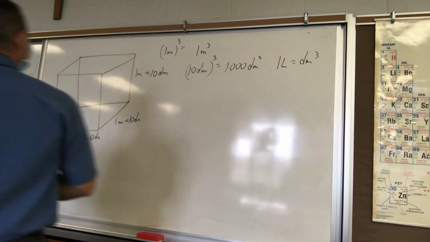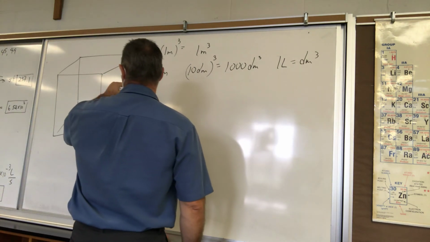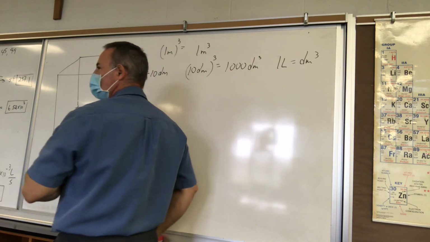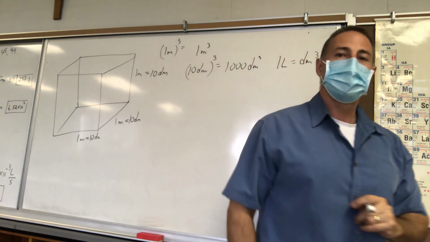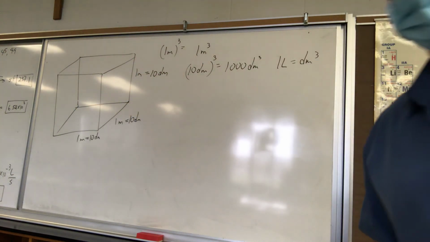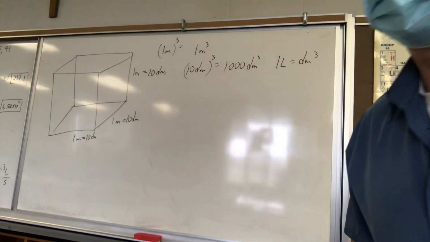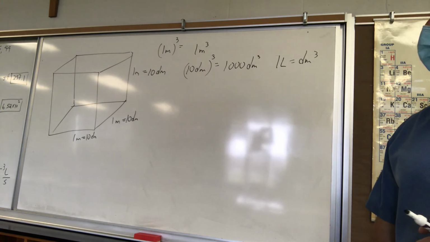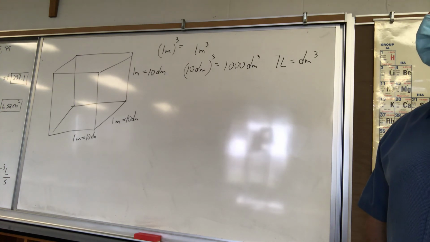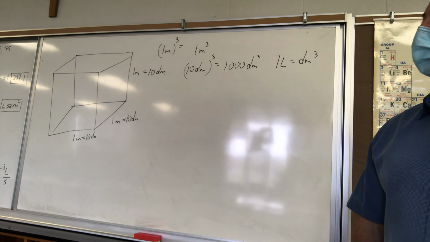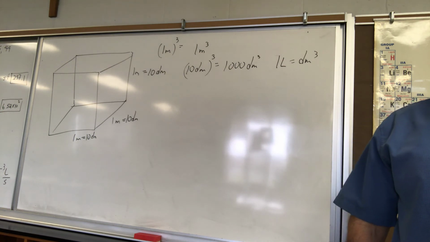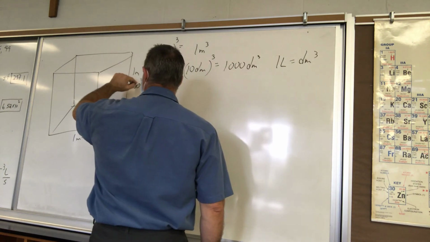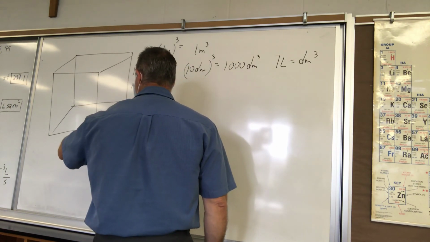And if you wanted to go with centimeters, what's this height in centimeters? Guys, help me out here. What's this height in centimeters? I can't hear you. Could it be 100? It's 100. So is this 100, right?